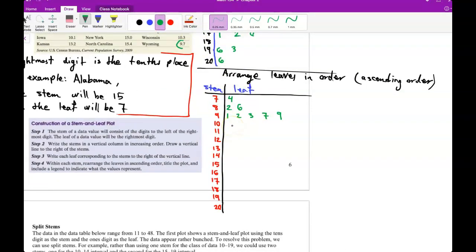For 10, we have 1, 2, 3, 5, 5, 9. Here is 0, 0, 1, 2, 4, 7, 7, 9.